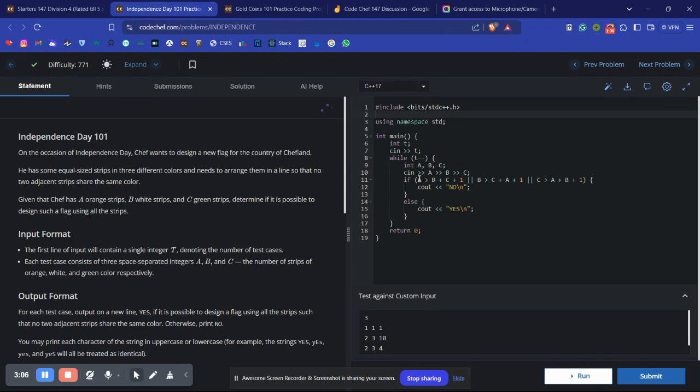So we have to check if any value is greater than the sum of the other two values plus 1.